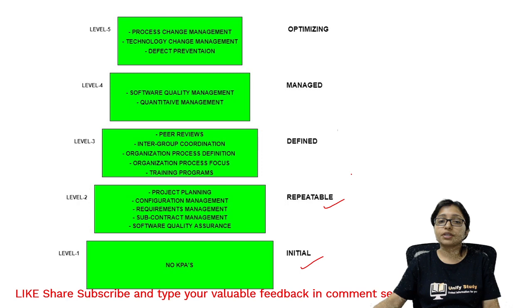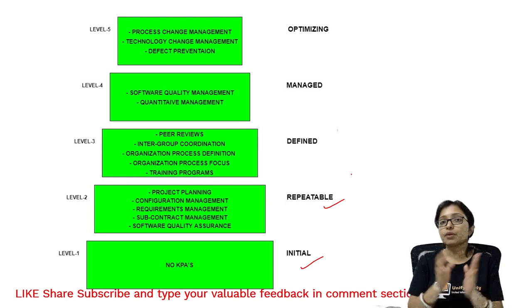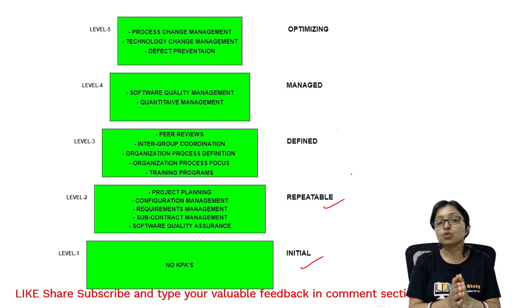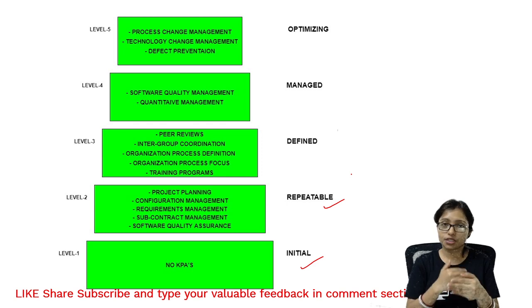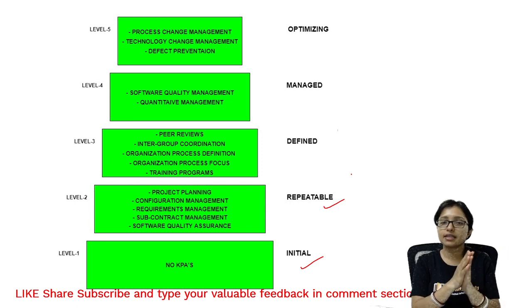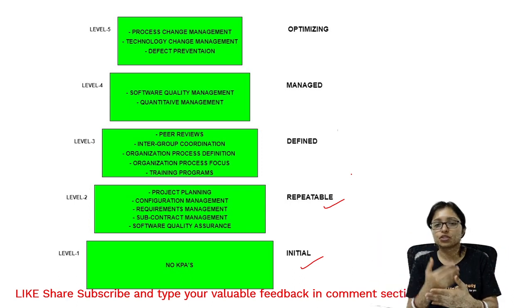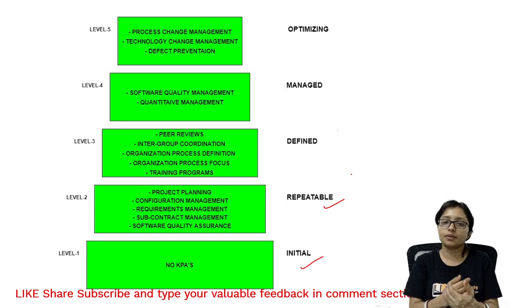Next one is the repeatable level. Repeatable means after the startup, some projects they did correctly, and now they are doing the same type of project, like hospital management. They did hospital management correctly, so for one hospital they did it, and now they are doing the same type of project for different hospitals. That is called the repeatable level.